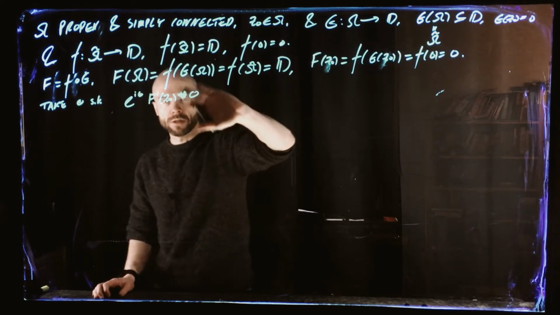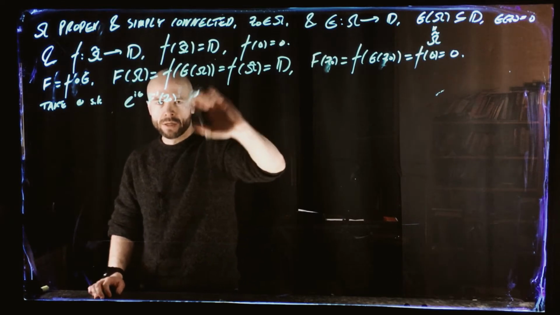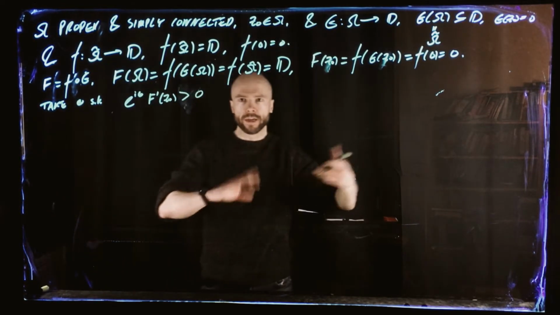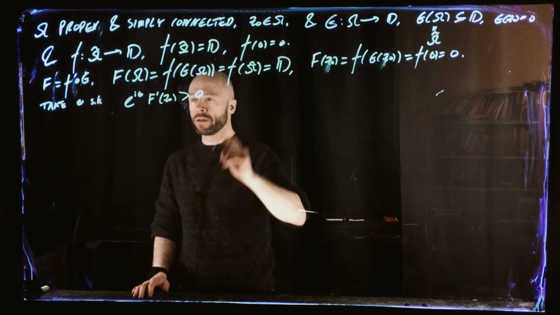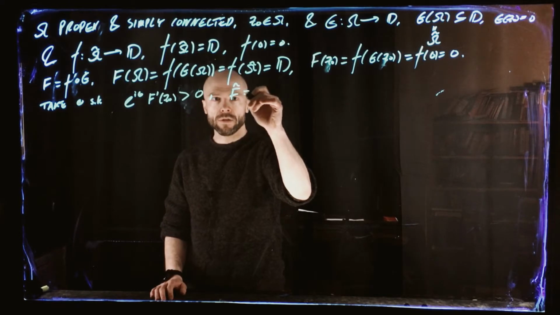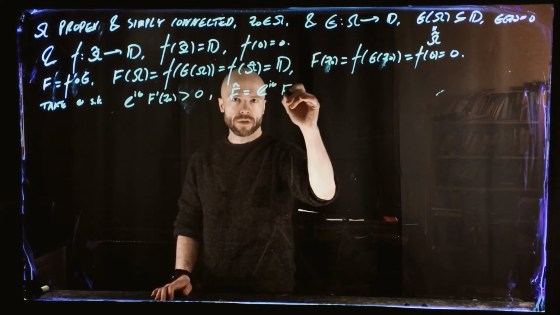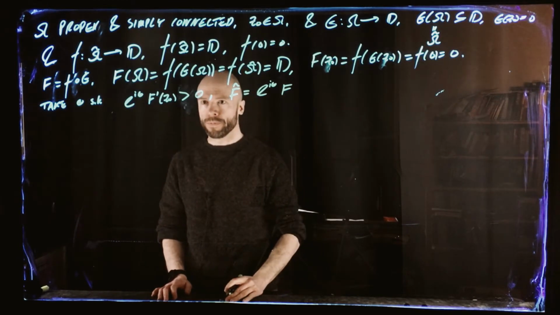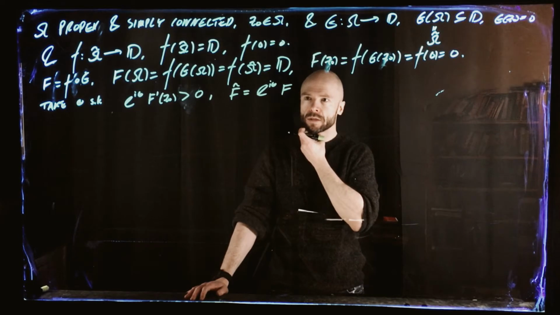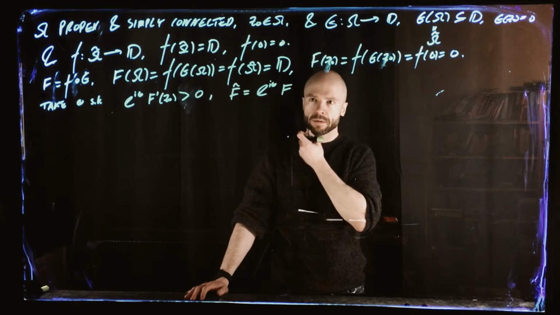It's definitely non-zero because it's a conformal mapping. So we can just rotate it so that it's on the real line. So F is not our final guy. F tilde is equal to e to the i theta times F. And then that's it. That'll be our guy. That'll do all the things that we want.